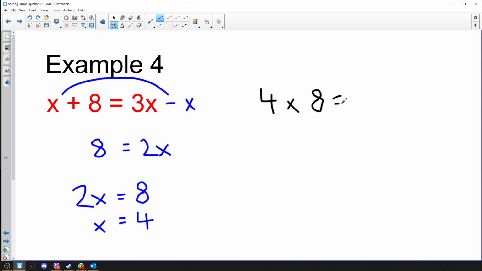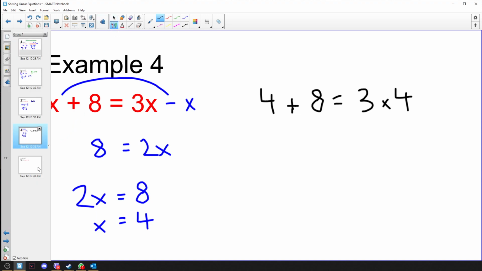Does it balance out? 3x, 3 times 4, because we're saying that x is 4. 3 4s make 12. Oops, this should be a plus, my bad. Very frustrating using the mouse, but there we go. So 12 on this side, 12 on this side as well. So now our answer is equal.